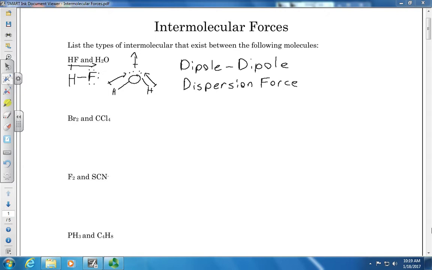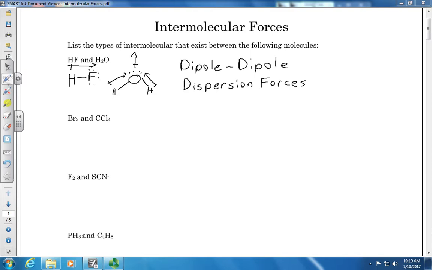And you can look at this as a sort of induced dipole type of force. And then the last thing that we want to look at is that we can have some measure of hydrogen bonding. And we know that because hydrogen bonding can occur between hydrogen and either oxygen, nitrogen, or fluorine.